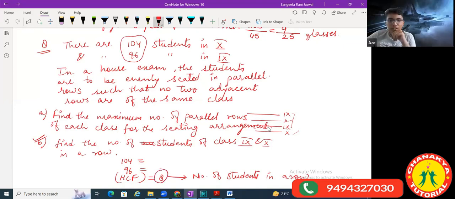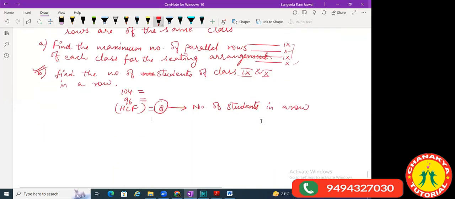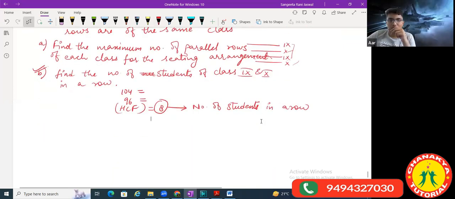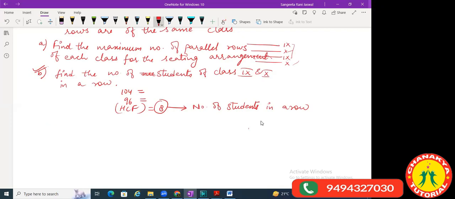Now you can find out how many rows are there. Ma'am, maybe 25. How? Ma'am, I just added 104 and 96. It came to 200. Then I divided it by 8. So you took the total students and divided by 8.